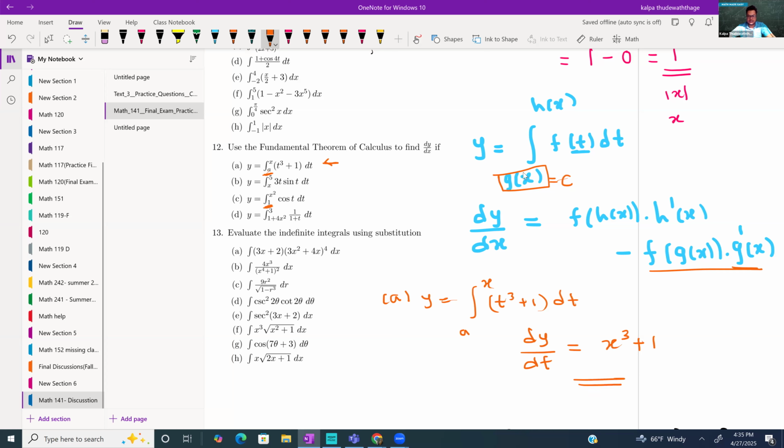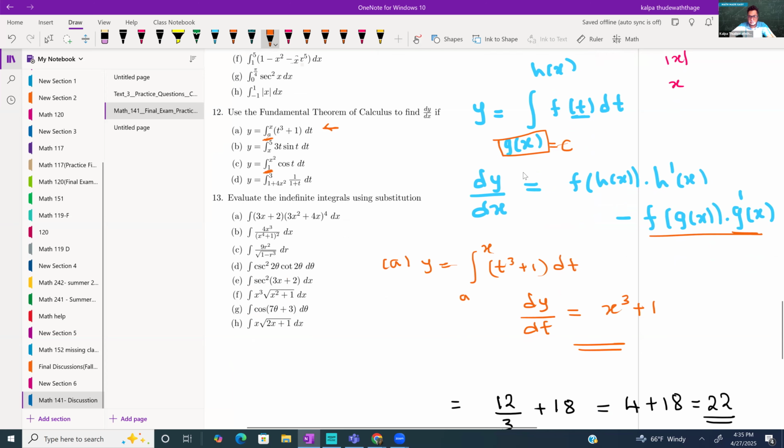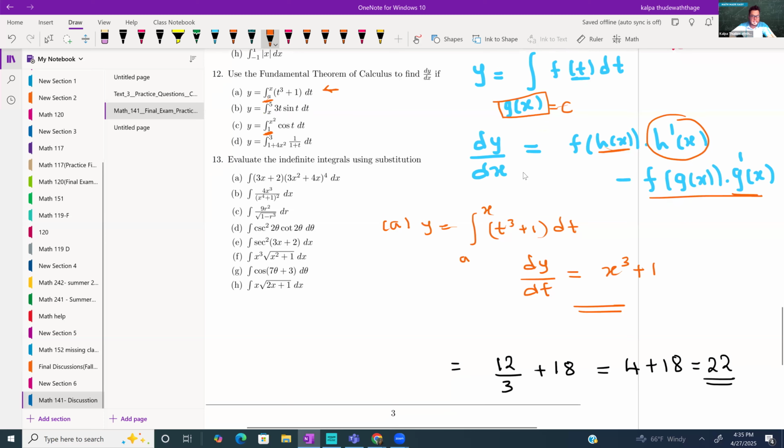It's that simple. Your h of x function is just x. Replace x instead of t, and the derivative of x is just 1. So that's not something to worry about. Okay, how about the other one?